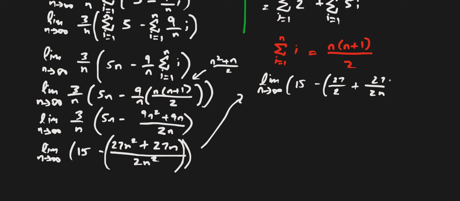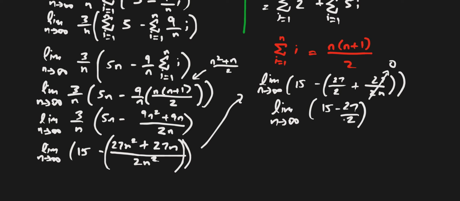And as n approaches infinity, this bottom part is just going to become super large. This bottom part is going to approach infinity. It's going to get super large. So this whole thing is just going to approach 0. So what we're ending up with is the limit as n approaches infinity of 15 minus 27 over 2.